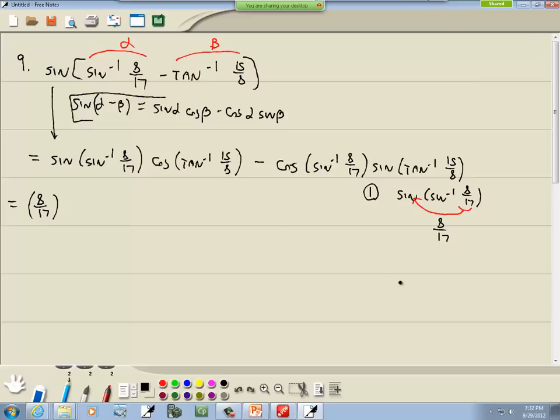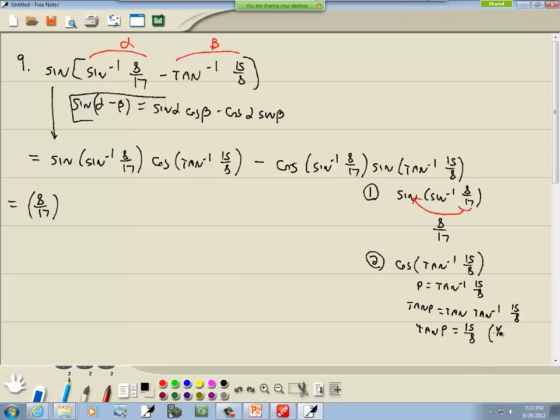Now our next part, the cosine of inverse tangent of 15/8. We set what's inside the parentheses equal to a variable like p. So p is equal to the inverse tangent of 15/8. We take tangent of both sides, and we get tangent p is equal to 15/8.